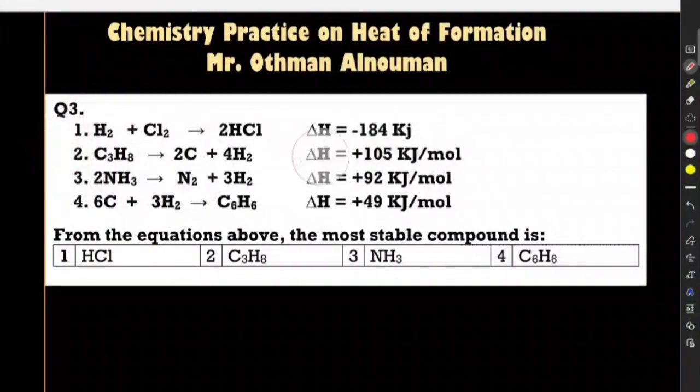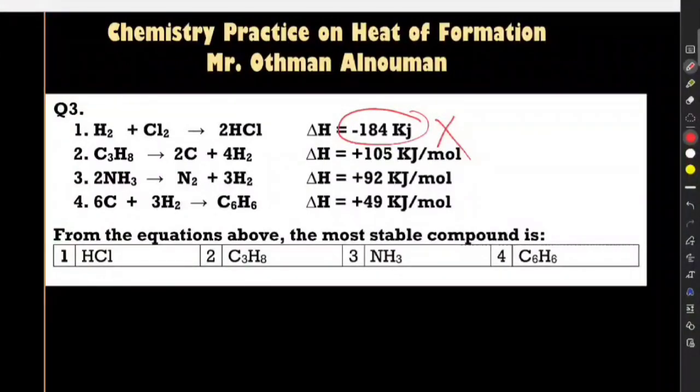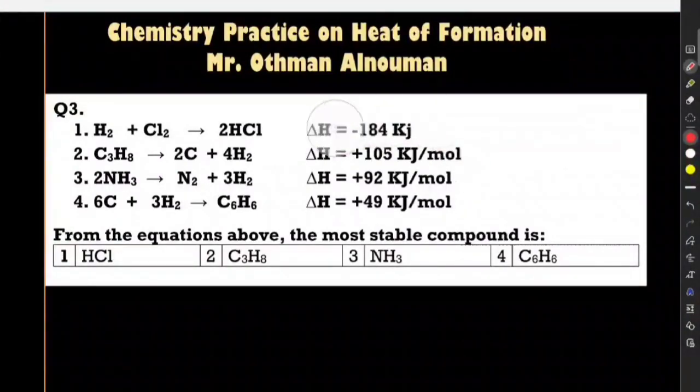Let's see here. It says from the equations above, the most stable compound. Now the most stable compound, pause the video and think about it. Many students will think that the answer is number 1, and that is not correct. Why is it not correct? Because if you notice here, it says 2 HCl.